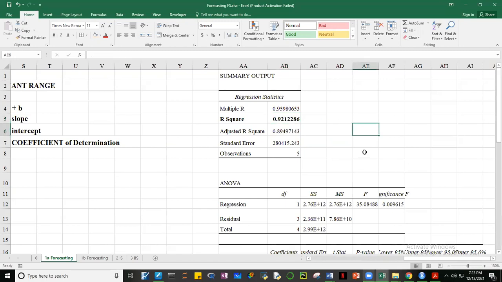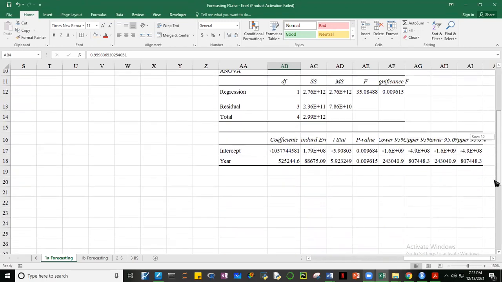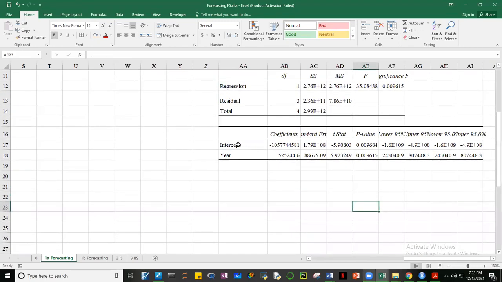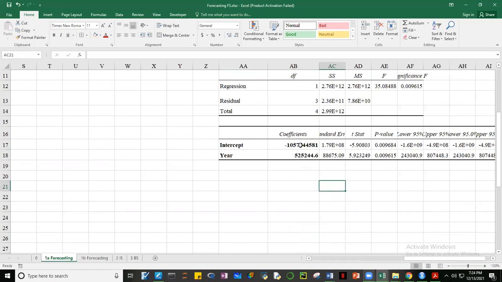No? Okay, ito multiple R, this is just the correlation between your time and your sales. Hindi na natin titignan yan. Okay, that's for another subject of yours. And then ito lang guys, ito. This one. So what's this one?